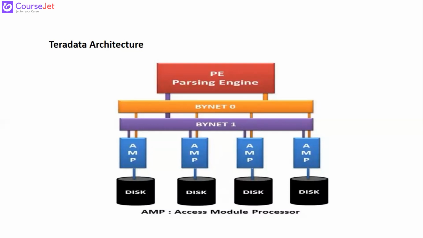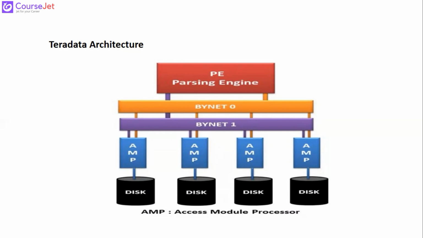Moving on to the architecture. These are the main components of Teradata: the parsing engine, which we call PE, and Bynet as you told, the AMPs, or Access Module Processors, and the disk, the storage.